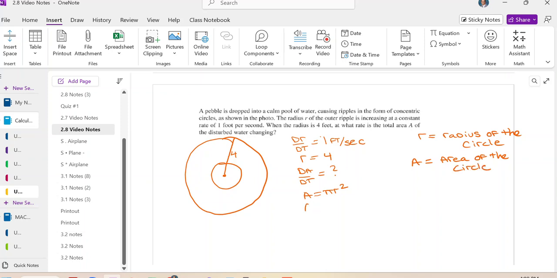To find A, we just take pi times 4 squared, so the area is equal to 16 pi square feet.